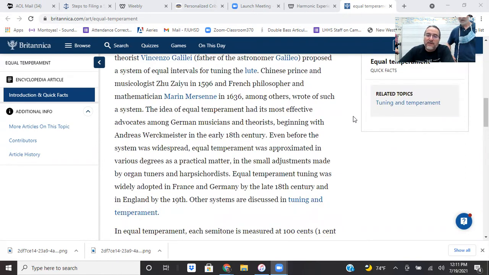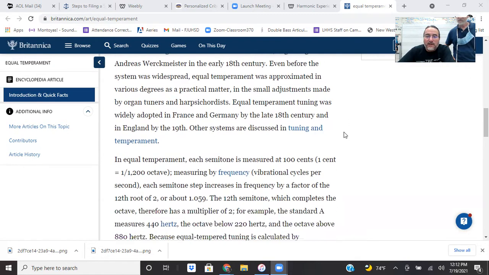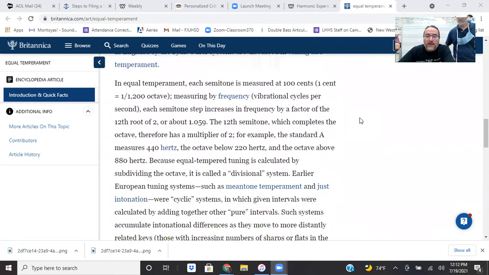The ideal of equal temperament has its most effective advocates among the German musicians and theorists, beginning with Werkmeister in the early 18th century. Even before the system was widespread, equal temperament was approximated in various degrees as a practical matter in the small adjustments made by organ tuners and harpsichordists. Adopted in France and Germany in the late 18th century and in England in the 19th, et cetera.